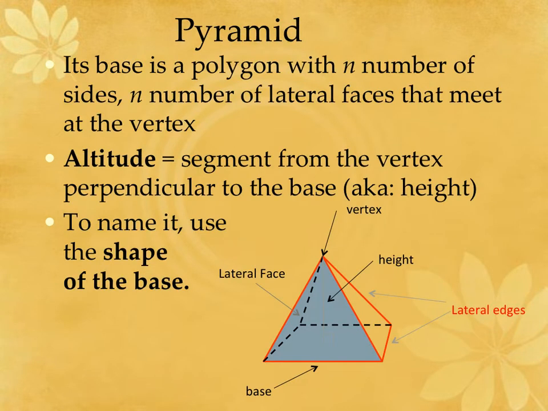A pyramid has a base that's a polygon with n number of sides, and n number of lateral faces that meet at the vertex. So this is a square. Well, it looks like it could be square or rectangular.